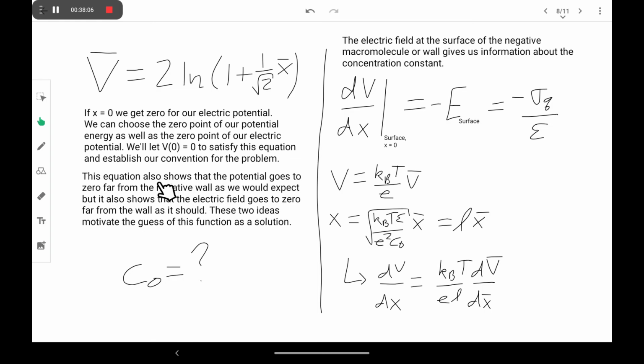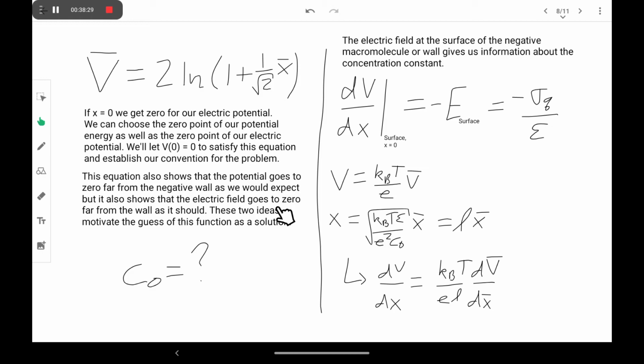It just levels out. What I meant to say is not that the potential goes to 0, but it goes to a constant far, far away, because we've picked our 0 at the plate. But the electric field ought to go to 0 far, far away, because you're getting outside of the positive charges, so there are as many positive charges as negative charges, so the electric field ought to go to 0.